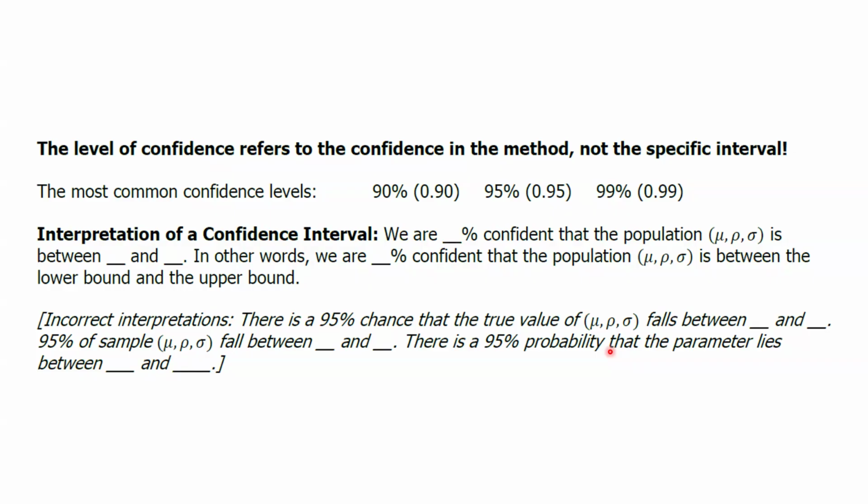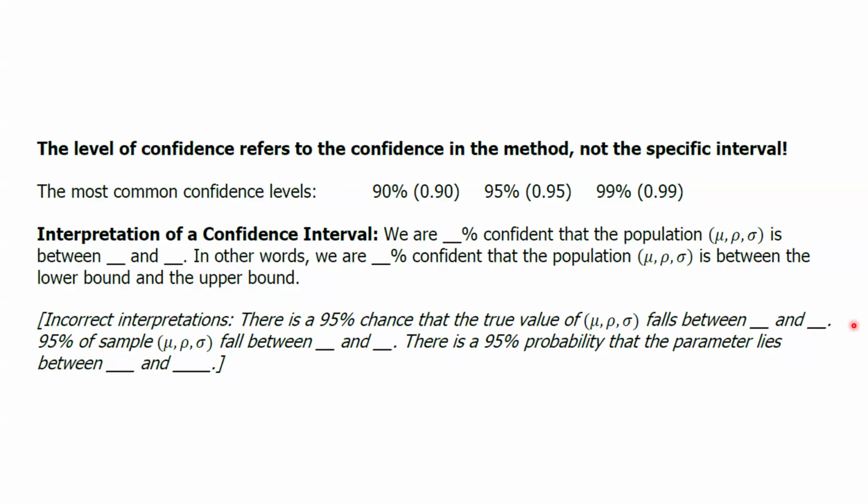Now, when we are trying to interpret a confidence interval, we are saying that we are blank percent confident that the population, choose the parameter, is between our lower bound and upper bound. In other words, we are blank percent confident that the population, choose the parameter, is between our two values in our confidence interval.